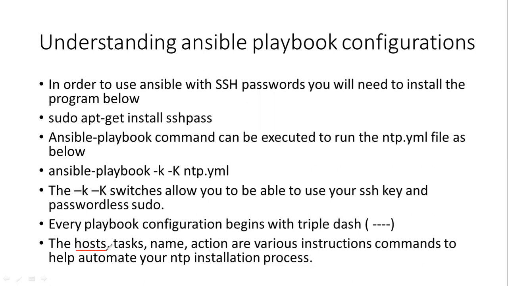And then coming to the other things: host, task, name, action we have seen in the playbook. These are all various instructions or commands which will help Ansible to install so and so process.